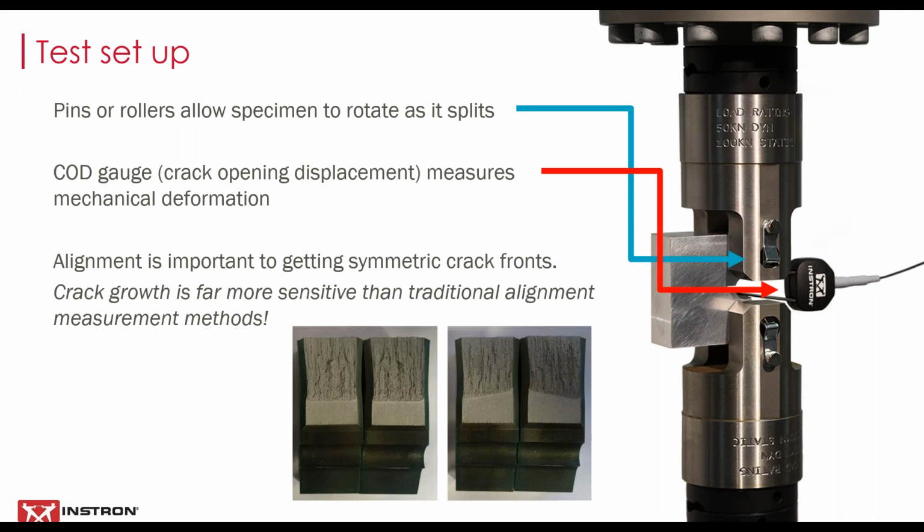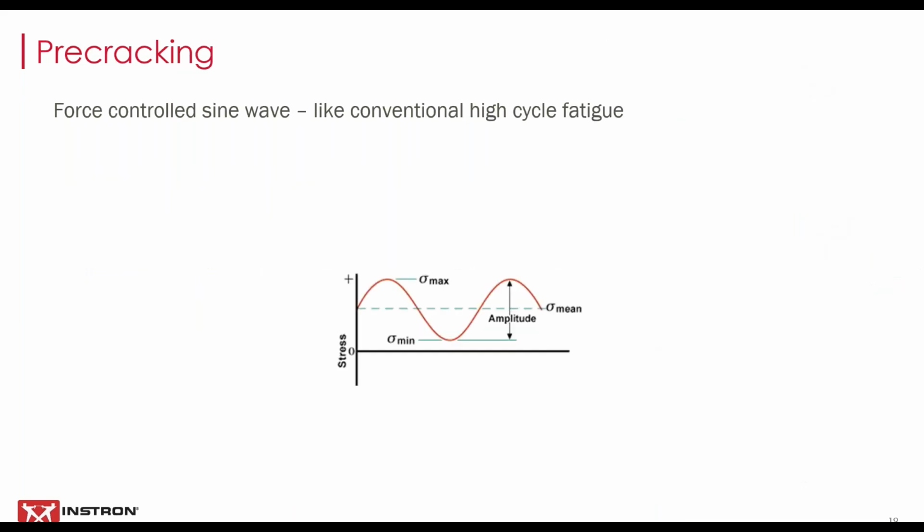And this really does break the rules for getting a good measurement. That's to do with just a tiny bit of misalignment, meaning that there's slightly higher stress or stress intensity on one side of the specimen than the other, so the crack has grown faster on that side.